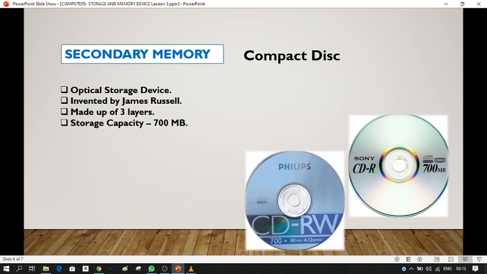Normally, the data written or saved on the CD cannot be erased or overwritten. That is why a CD is also called a CD-ROM. Here ROM stands for read-only memory.